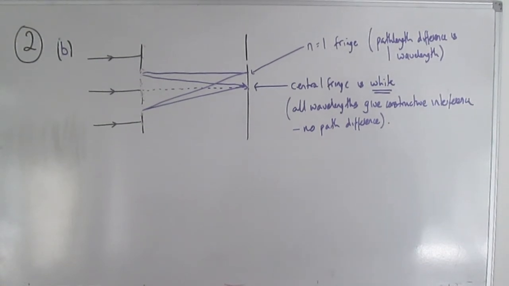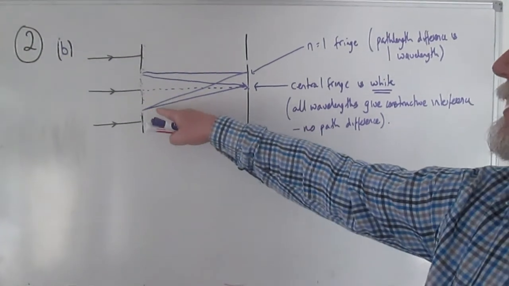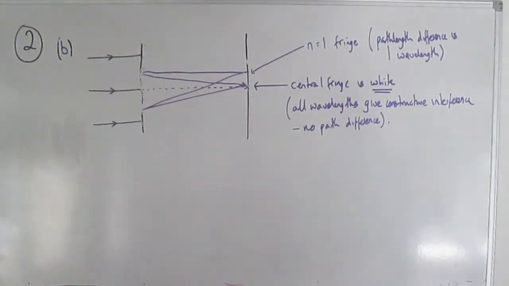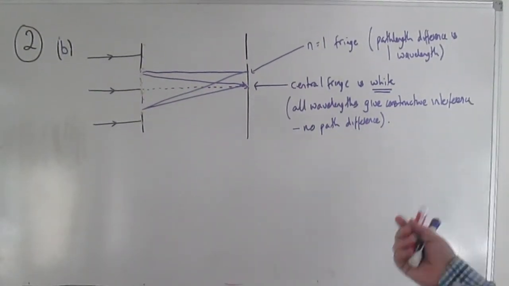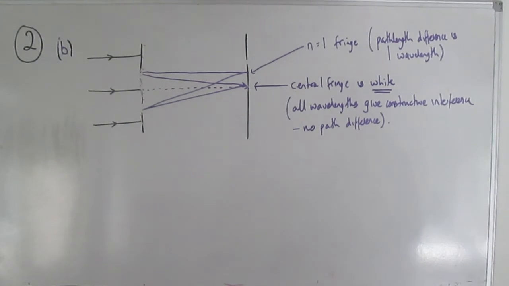But what if we have a different coloured light this time? If that's our violet light, the path length difference between here and here is 1 times 350 nanometers, or whatever the wavelength of our violet light would be. But suppose we have red light, where we have a much longer wavelength.